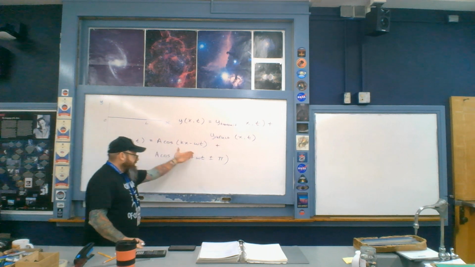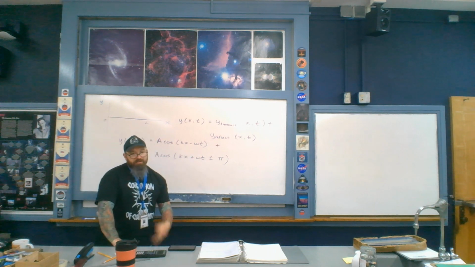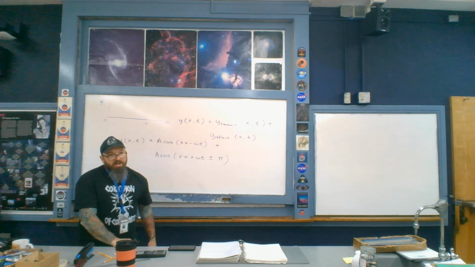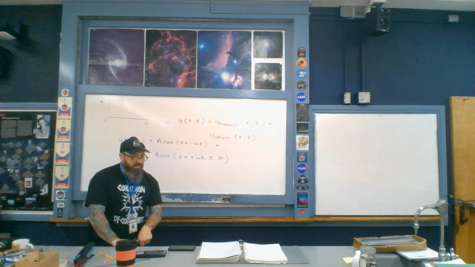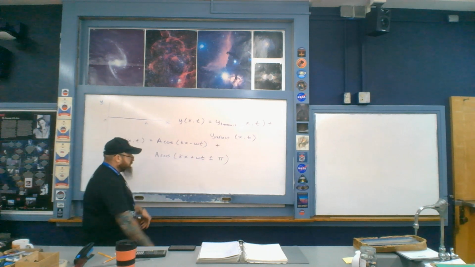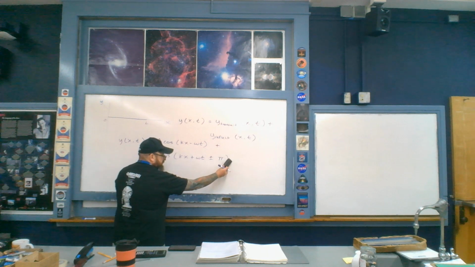Okay, now how does this then add together to ultimately produce the standing wave pattern that we saw? Well, it involves two trigonometric identities. The first trig identity is just going to be applied to the reflections themselves. So let's just take a look at these right here.